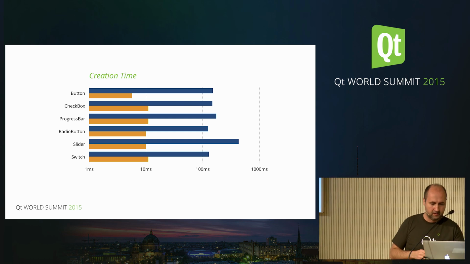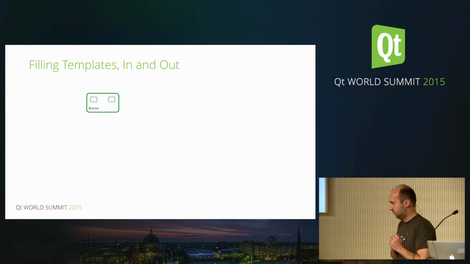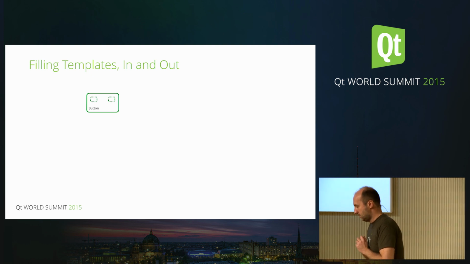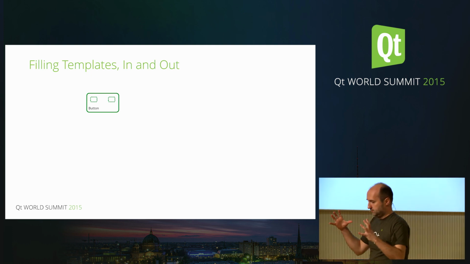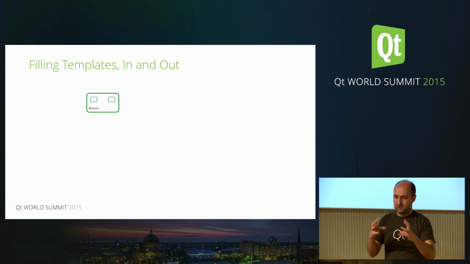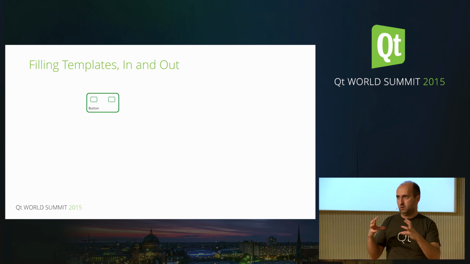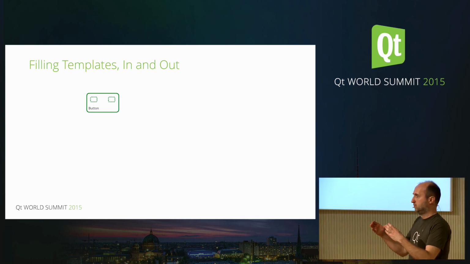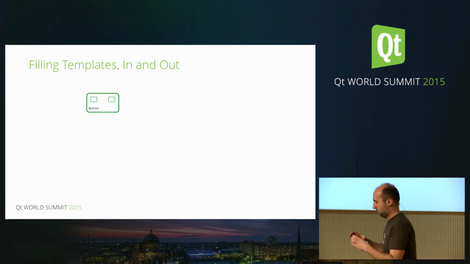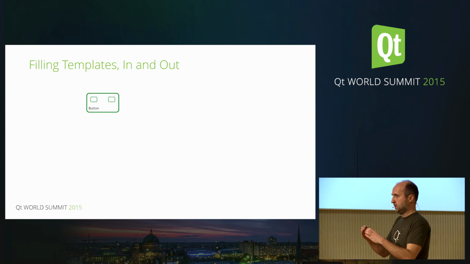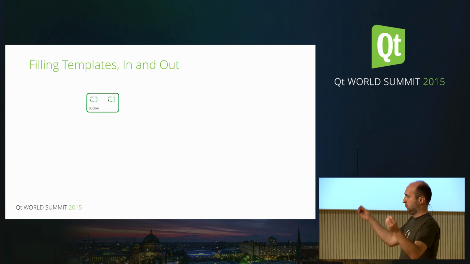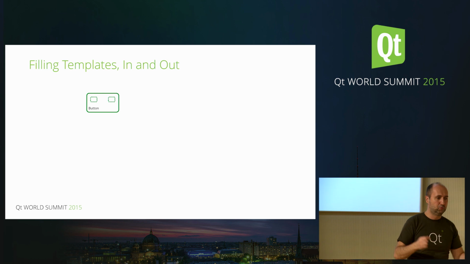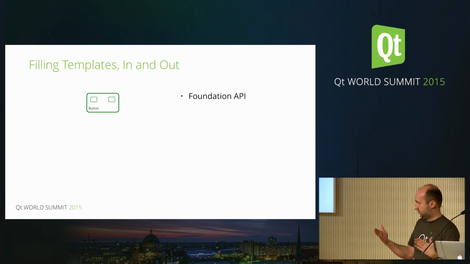So let's see things a bit in more detail. We start with an empty shell, something we call right now templates, where we provide you a small set of features, and then you can fill in your visuals, your style, and so on. So what we provide is foundation API.